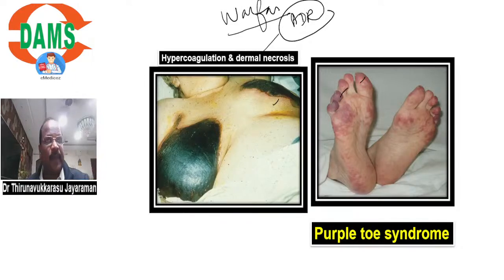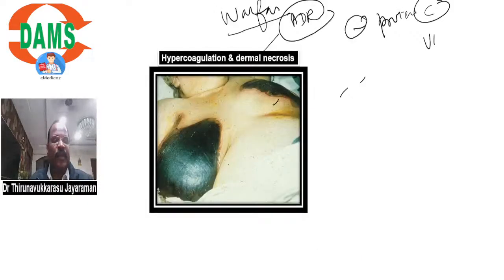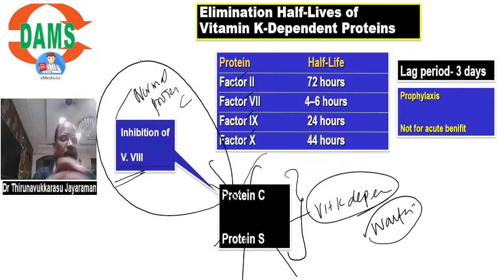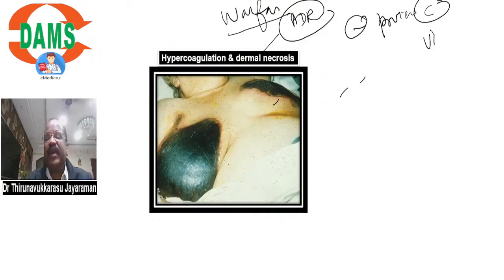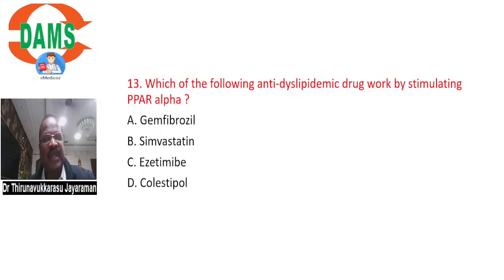Warfarin may cause hypercoagulation, dermal necrosis and purple toe syndrome, possibly due to inhibition of protein C, which causes elevation of factors 5 and 8. Because of elevated 5 and 8 levels, it causes this complication. This you should know. Okay, good. Definitely all of you are going to get a good rank. Good. Okay, good.